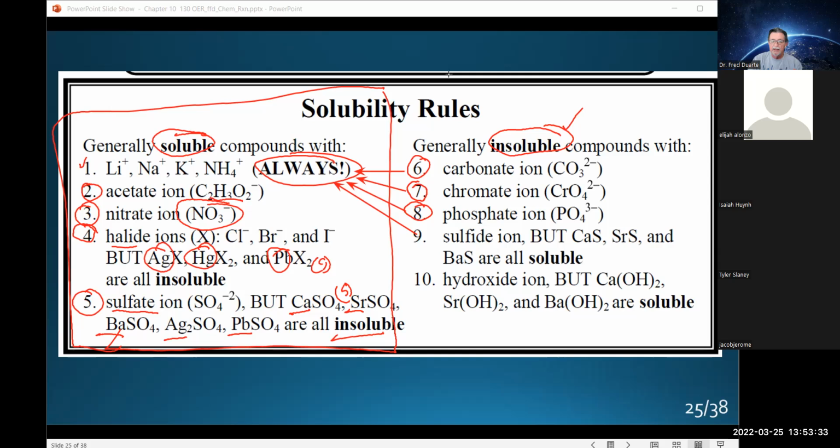And on top of that, 3 more. If the sulfide is bonded to calcium, strontium, and barium, so there are only 7 examples of sulfide compounds that are soluble, and everything else out there that we know to date is classified as insoluble. Okay, they form a precipitate when you put them in water.